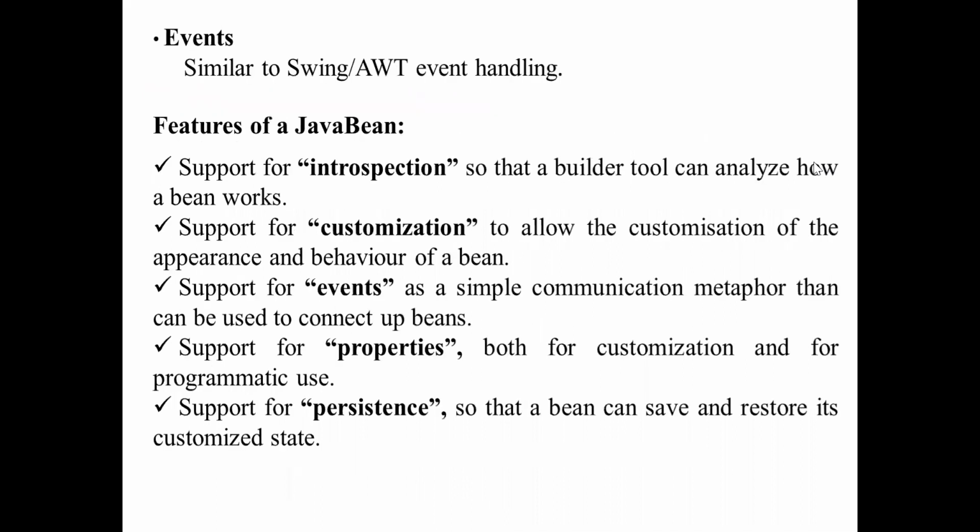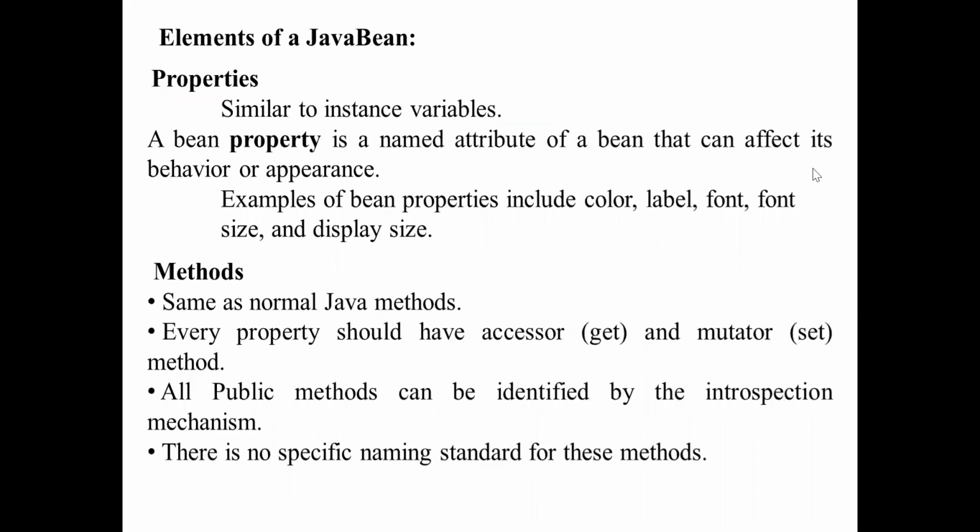The next one, we can go to the elements of Java Beans. So what are the elements of a Java Bean? When you go for the properties, a property is similar to an instance variable, very similar to whatever variables you declare. A bean property is a named attribute of a bean that can affect some of its behavior or appearance.